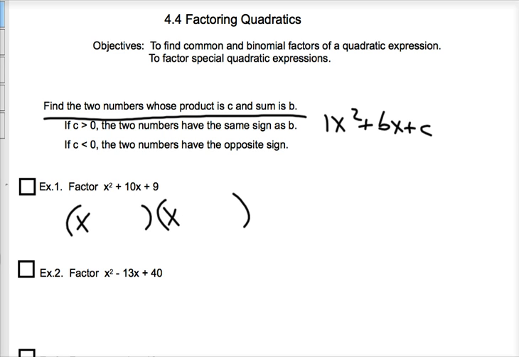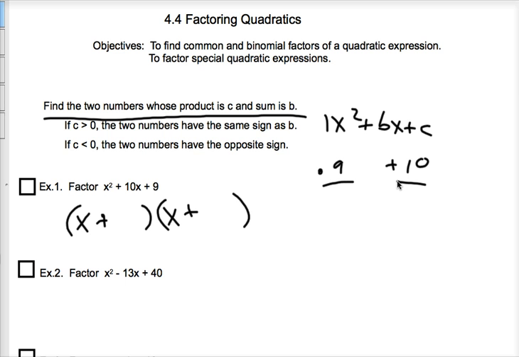I said C was positive, B is also positive, so that tells me they're both going to be positive. C tells me that they're the same, B tells me they're both positive. All I'm doing here is coming up with something that multiplies to be 9 and adds up to be 10.